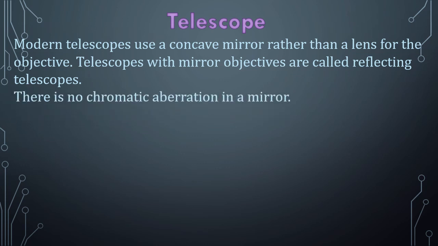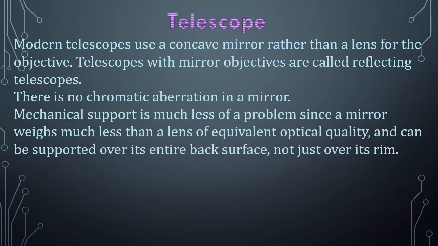There is no chromatic aberration in a mirror. Mechanical support is much less of a problem since a mirror weighs much less than a lens of equivalent optical quality and can be supported over its entire back surface and not just over its rim.